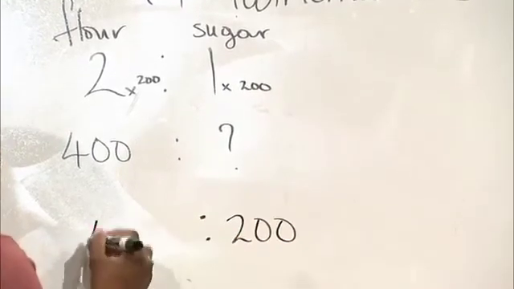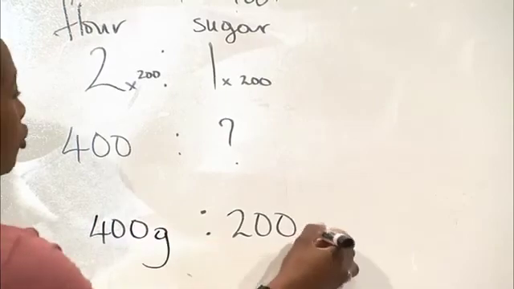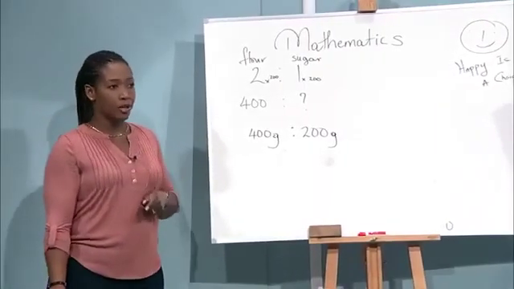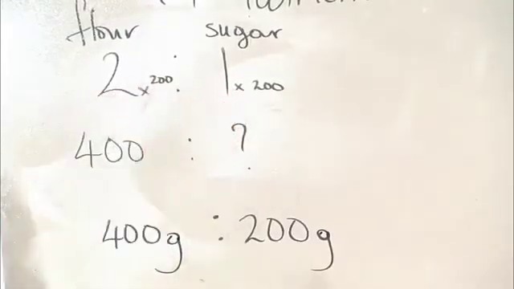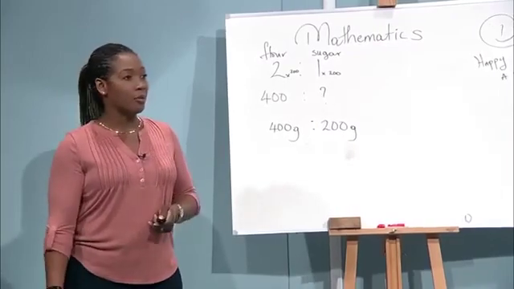So if I were to increase my flour to 400 grams, my sugar would increase to 200 grams in order to keep this same 2 to 1 ratio between flour and sugar. All right? So it's pretty much that for direct proportion.